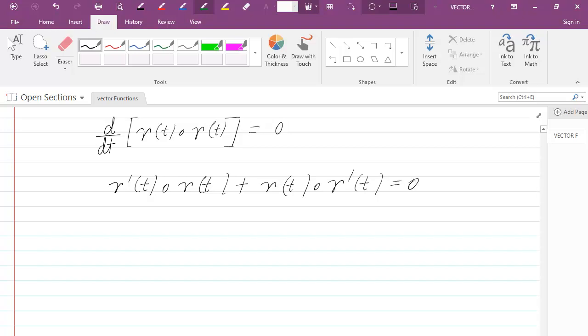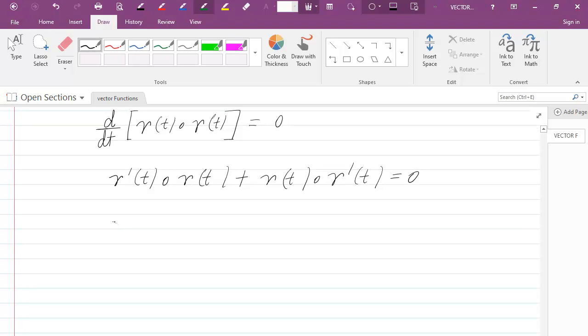But we know that the dot product is commutative, so if you look at the second term, the order of the two vectors doesn't matter, so both of the terms are actually the same. So what we have then is 2 times r prime of t dot product with r of t is equal to 0.